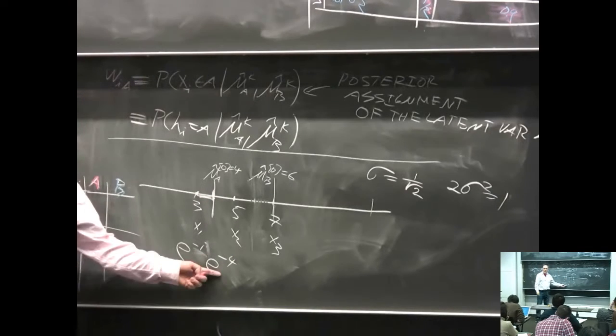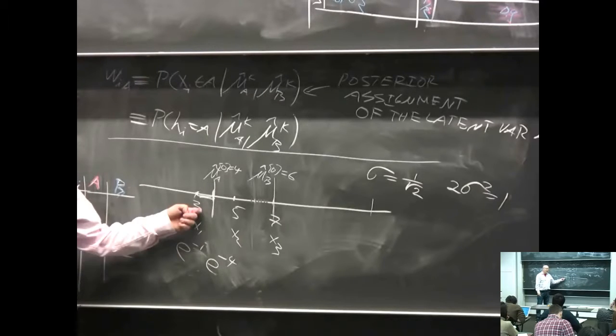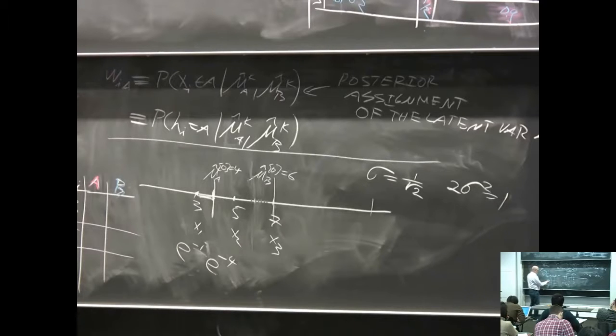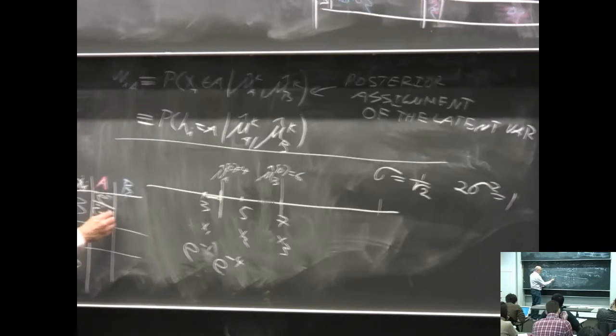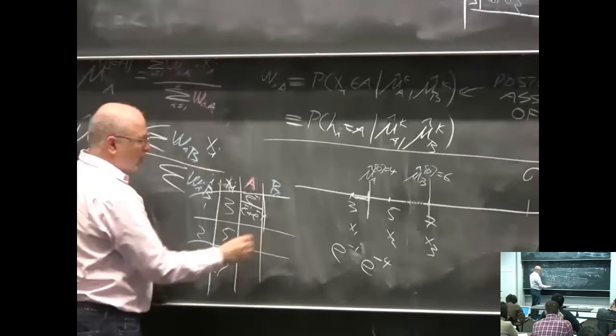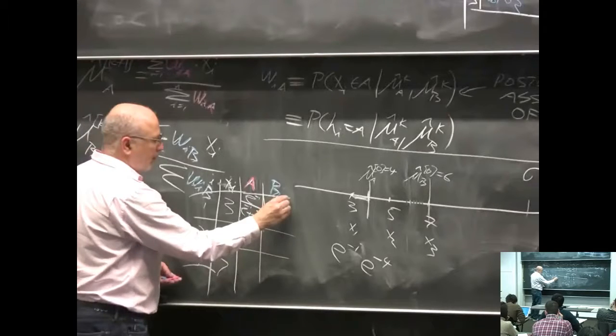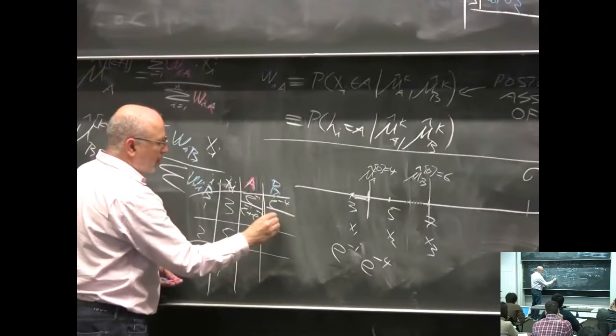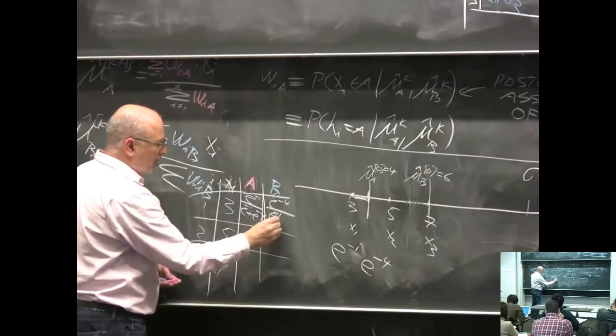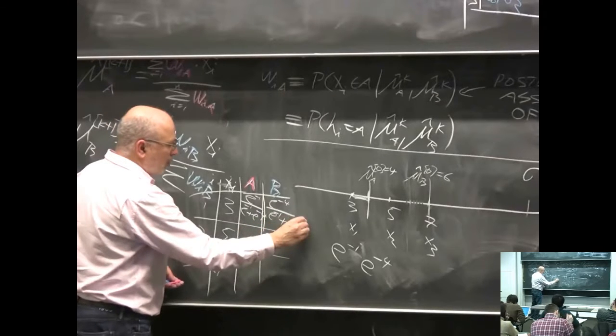So there's a huge asymmetry, and the vast majority of point number 3 will go to A. So A would be e to the negative 1 over e to the negative 1 plus e to the negative 4, which is almost 1. And this will be e to the negative 4 over the same denominator, e to the negative 1 plus e to the negative 4.